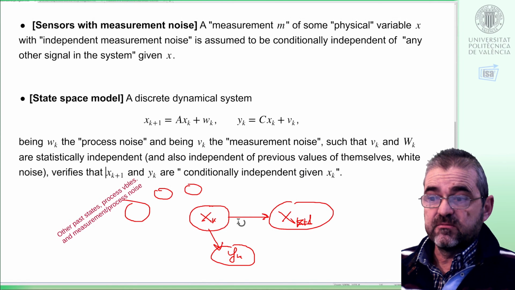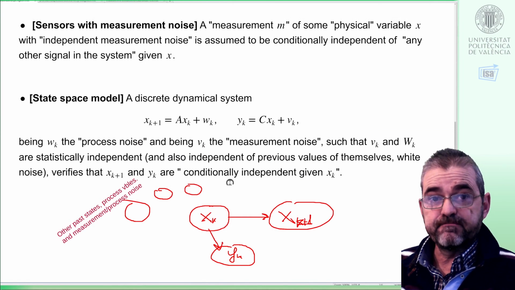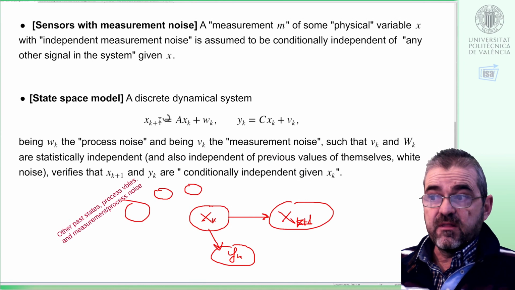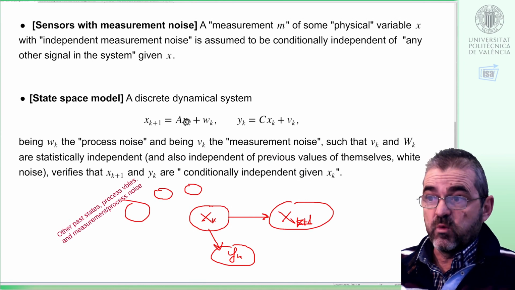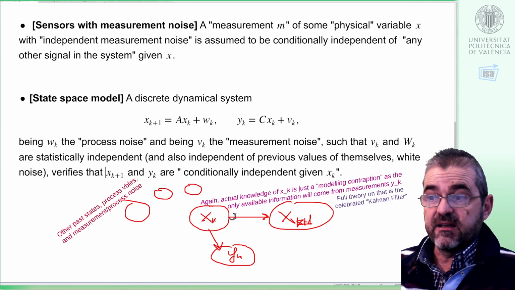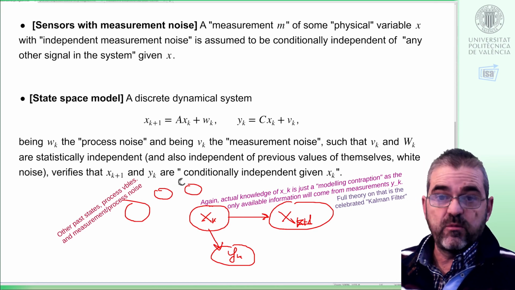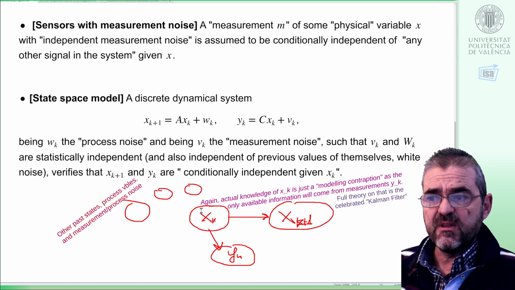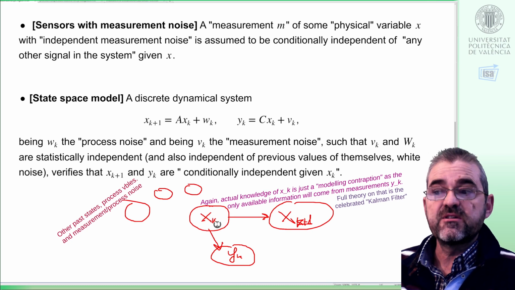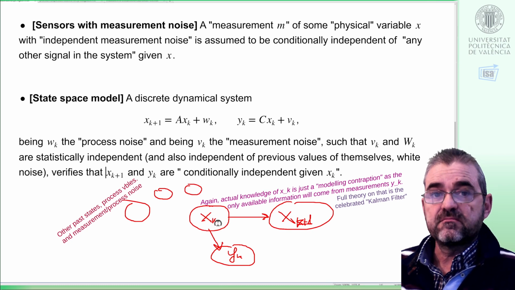So I can draw this kind of Bayesian network in which, okay, these are other process variables, and these equations indicate that once I know xk, I can fully compute the probability distribution of xk plus 1 without knowing other present or past process variables or measurements or whatever, if I condition to perfect knowledge of xk.